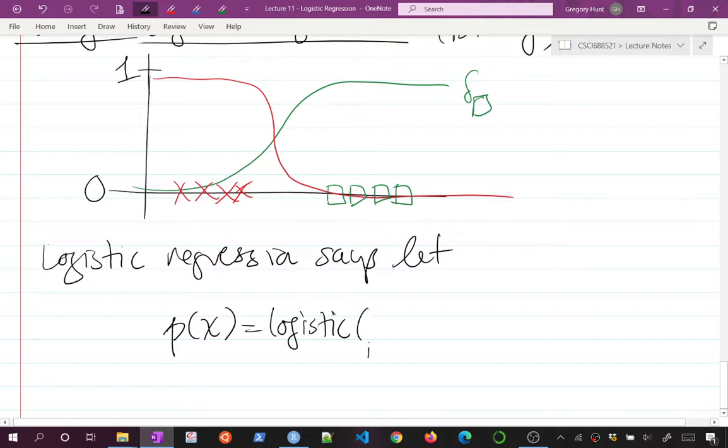And it's going to be logistic of, so I'll write this out, of beta naught plus beta X. So I'll write it like that. Or more generically, we could write it just as beta transpose X. My x vector is whatever transformations of variables. It could include a 1, in which case you've got an intercept term here.